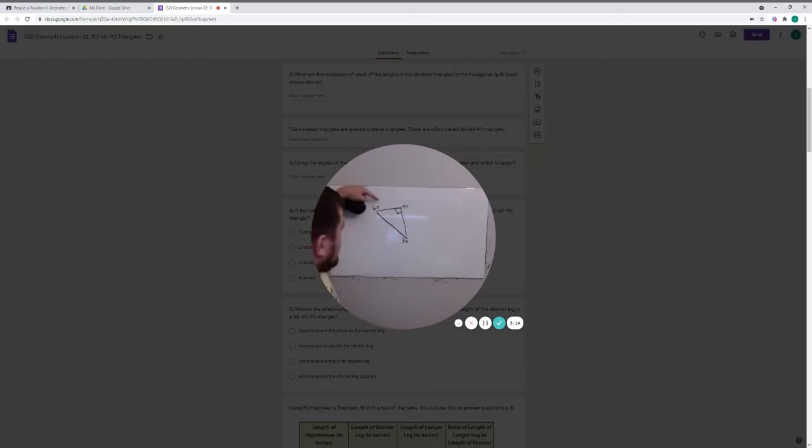So if you look, this side right here is across from 30 degrees, which is the smallest out of 30, 60, and 90. So this is the smallest side. This side is across from 90 degrees, which is bigger than 30 and 60. So that's the largest side. It's also the hypotenuse. And then this side right over here is across from 60. So it would be the middle of the three sides. So that's how we can decide the sides.